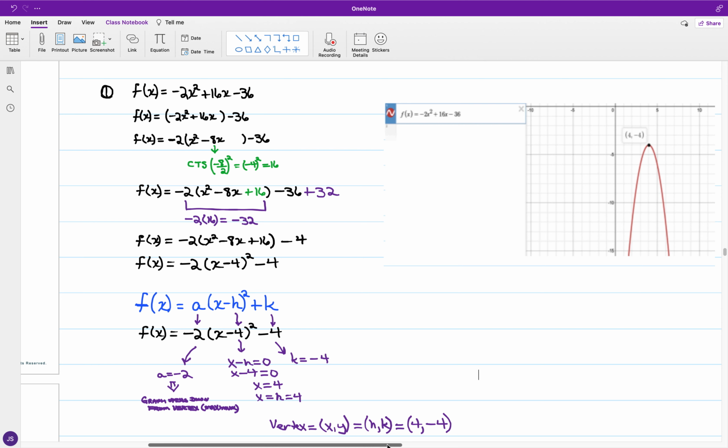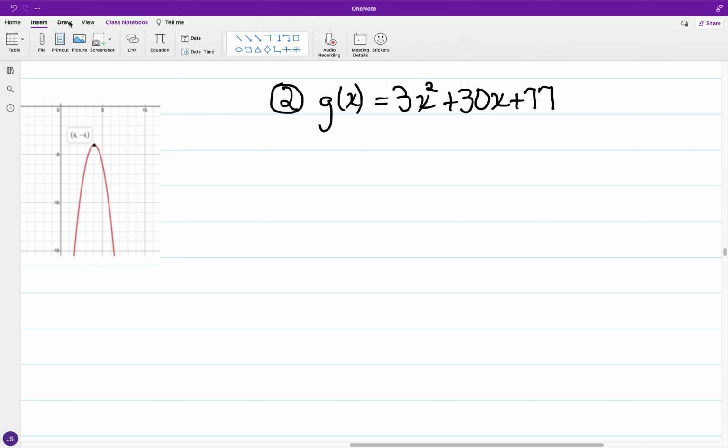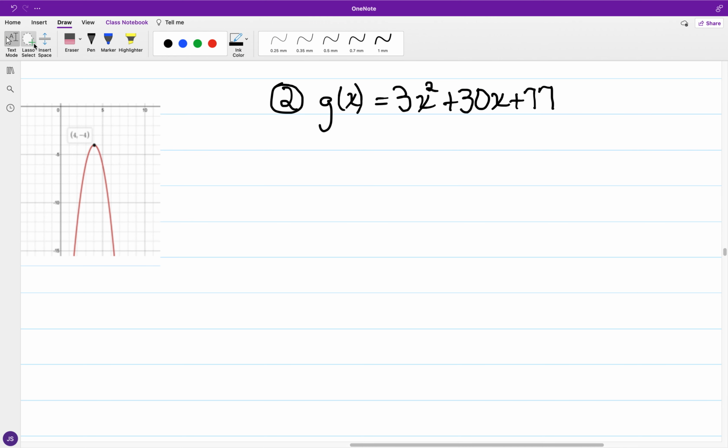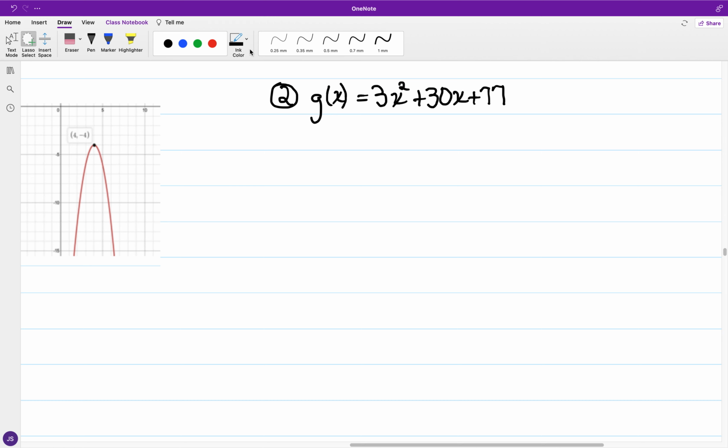All right, now in the case of the second function, we have g of x is equal to 3x squared plus 30x plus 77. So we have another standard form presented. For this function, kind of like what we did with f of x for number 1, we're going to convert it to vertex form.